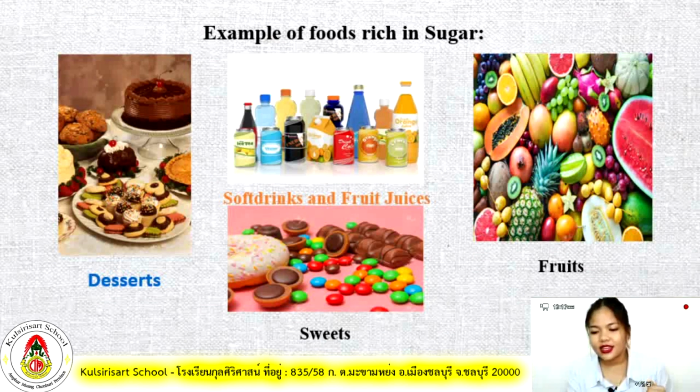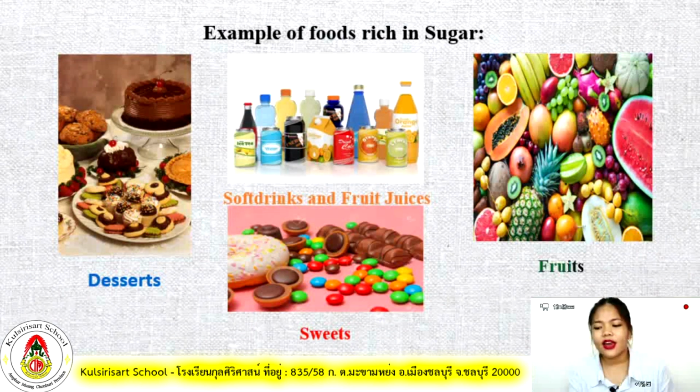As you can see there in the picture, we have Coke, iced tea, orange juice, and lemon juice. So all of these beverages are rich in sugar. The next one, sweets. Sweets include candy bars, chocolate bars, and even donuts. These foods are also rich in sugar.